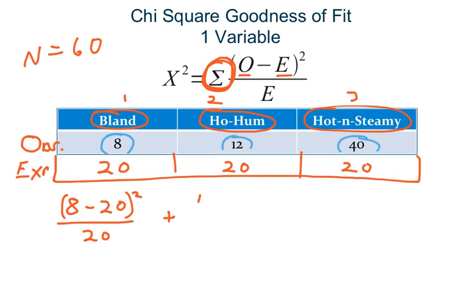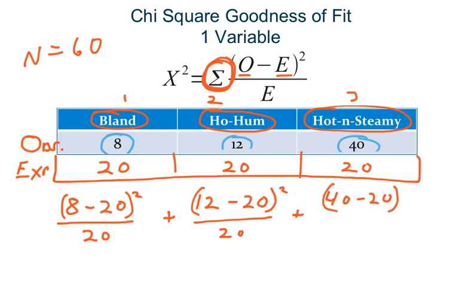So we go to the ho-hum cell, and we have 12 minus 20, observed minus expected, squared, divided by expected. And we do the same thing for the hot and steamy commercial group, which was 40 minus 20, observed minus expected, squared, divided by 20.